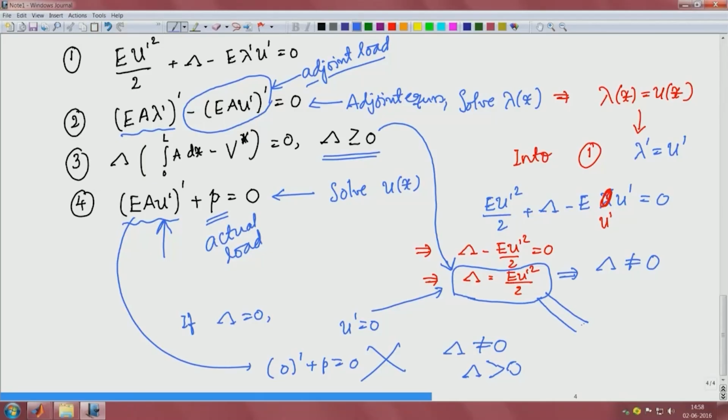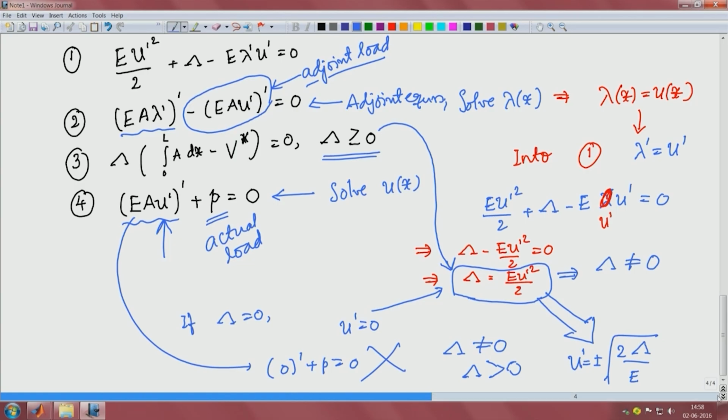So, we conclude that u prime is equal to plus or minus the square root of 2 lambda by E, because u prime square is there and I am taking square root, so I should allow both plus and minus.